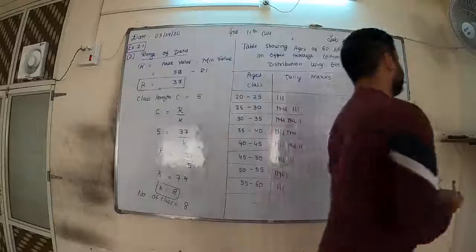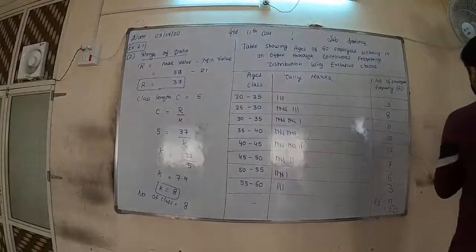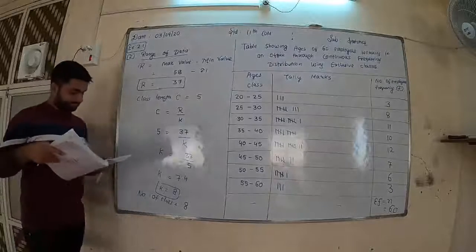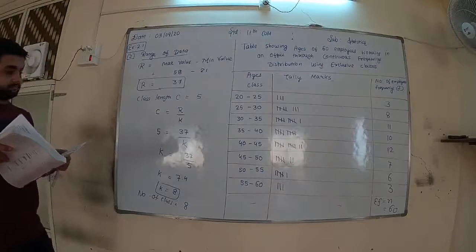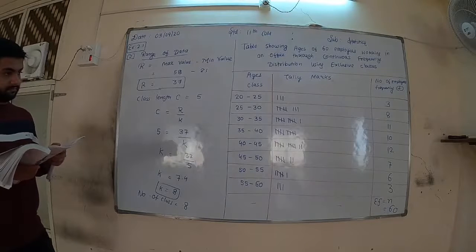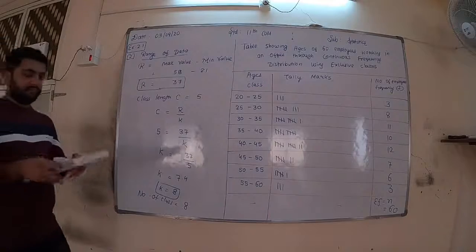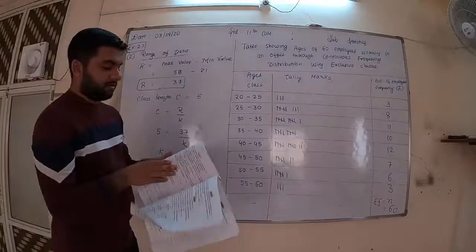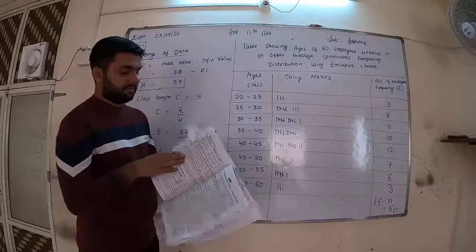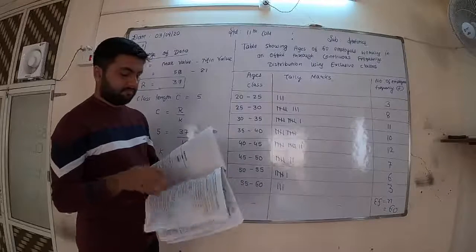It is 60. So you may see the sum, everyone? I can check also the back. Is it same or not? Sometimes there is a counting mistake.